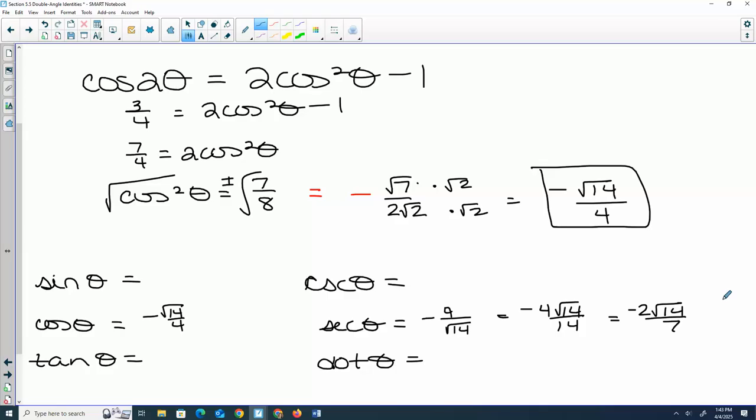To get the others, we could do another identity, or we could just draw a triangle. We know that we're in quadrant 3. Cosine's adjacent, so my adjacent side is my negative radical 14. Hypotenuse is 4. So you could find your missing side.